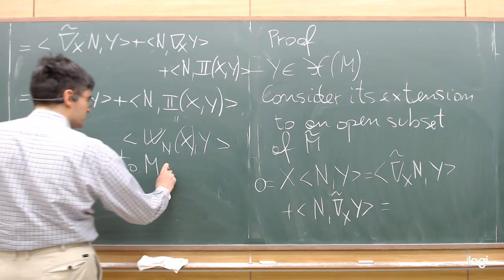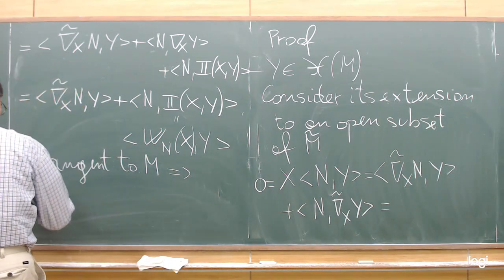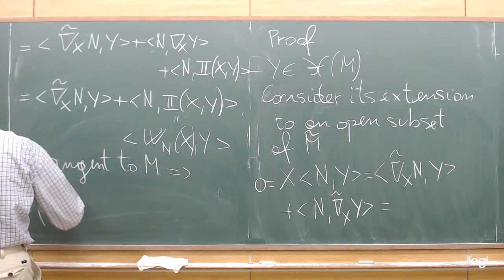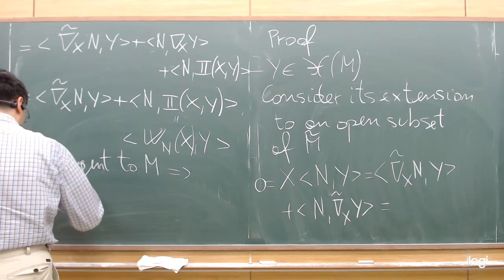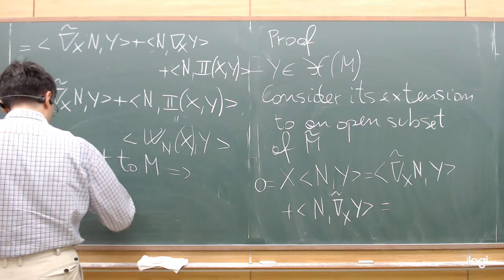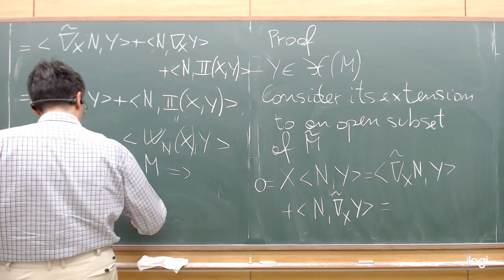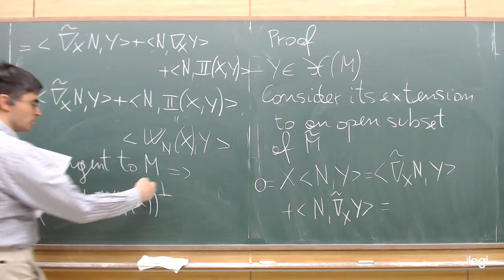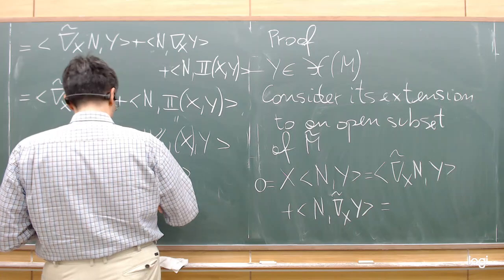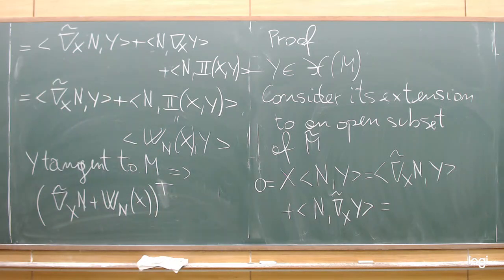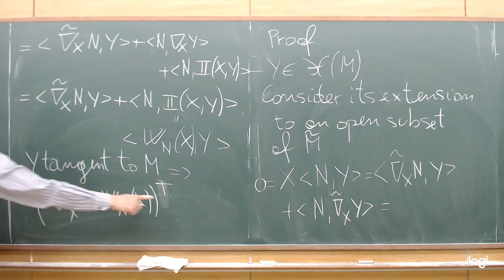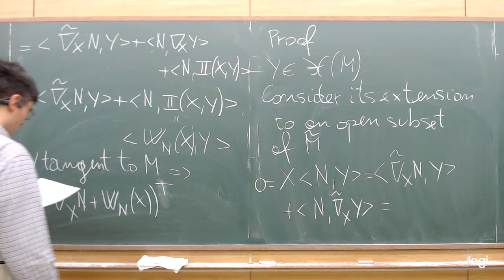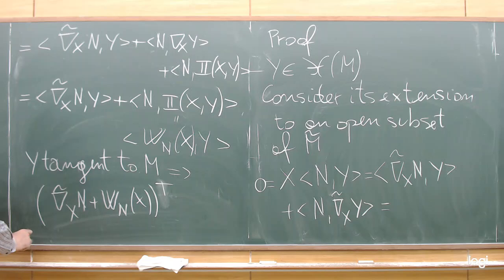this says that the tangential component of nabla tilde_X N plus W_N X, sorry, orthogonal, so the tangential part of this vector is 0.